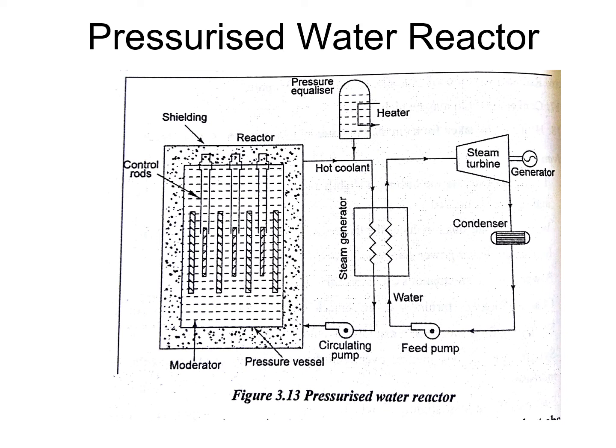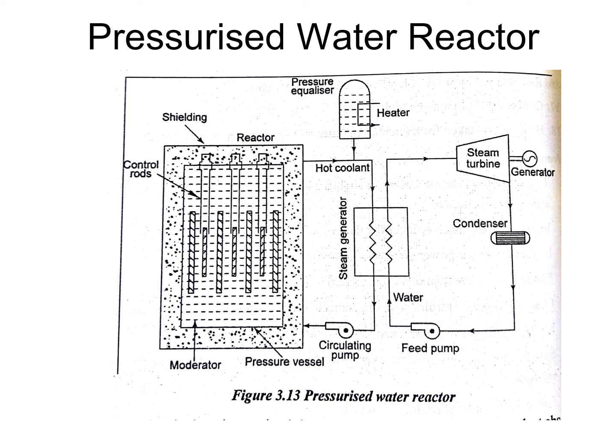Here also we are using enriched uranium-235, and the tube bundle is to a height of 12 feet as we have seen in the boiling water reactor. The pressure vessel is made of steel with a thickness of 7 inch, that is 23 centimeter.